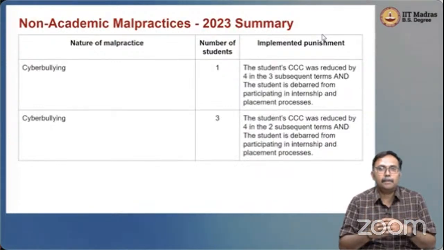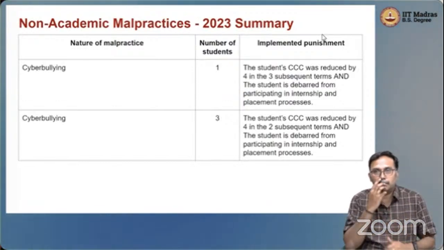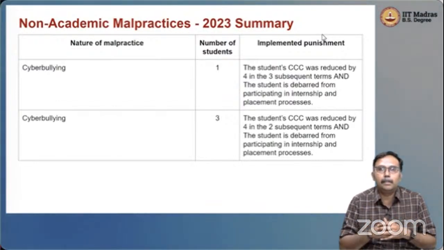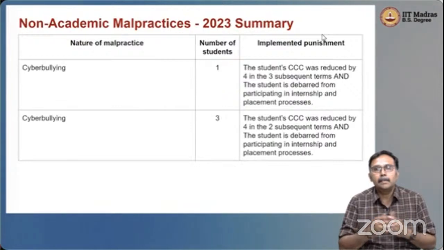In case of non-academic malpractices, we have had cases where we had to deal out very serious punishments. One of the students who was caught in the cyberbullying violation was penalized by reducing the CCC by 4 for the 3 subsequent terms, which means this student cannot register for any courses over the next 3 terms.